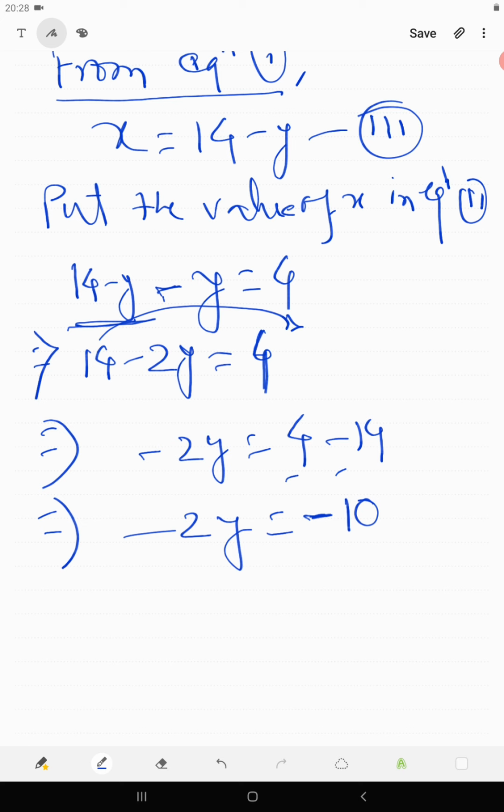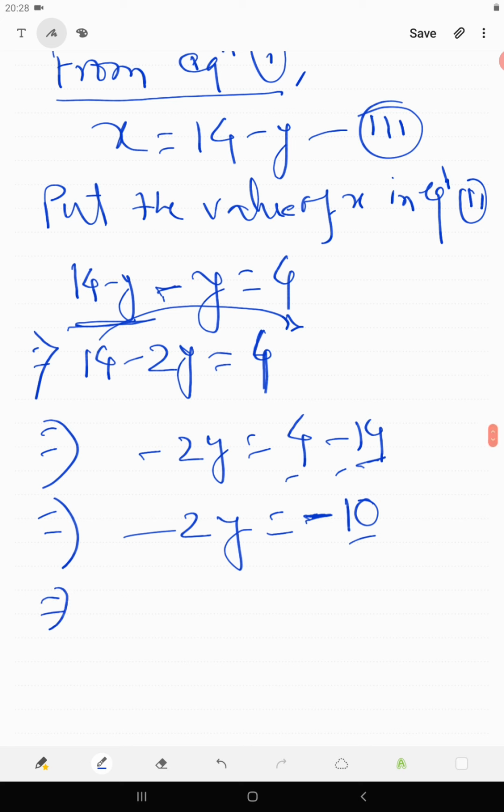One is plus, another is minus. Or if the first is negative and another positive, in both cases, first you write the sign of the greater number, whether it's plus or minus, then subtract the smaller number from the greater number as it is. So first I wrote the sign of the greater number, 14 is minus, so I wrote minus. Then greater number minus smaller number, 14 minus 4 is 10.